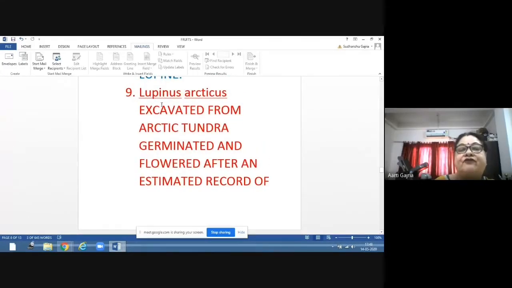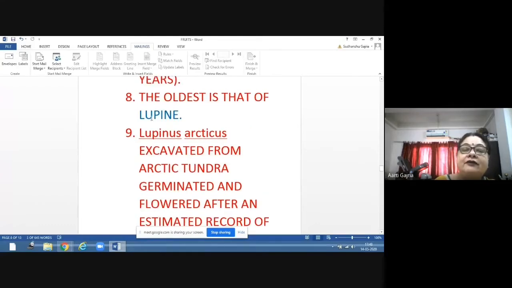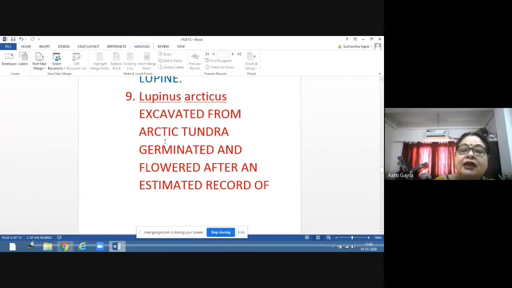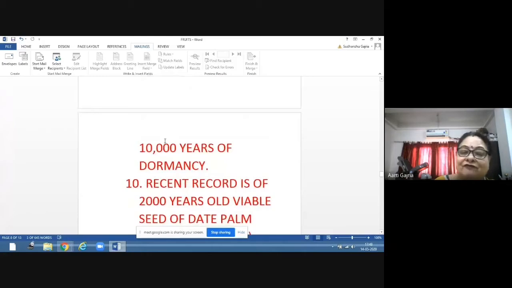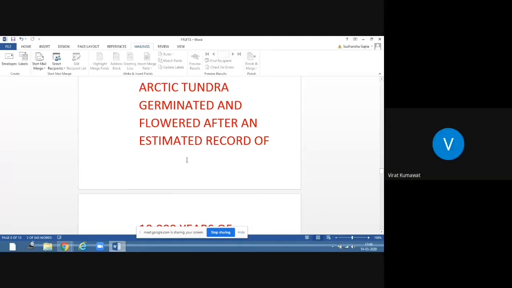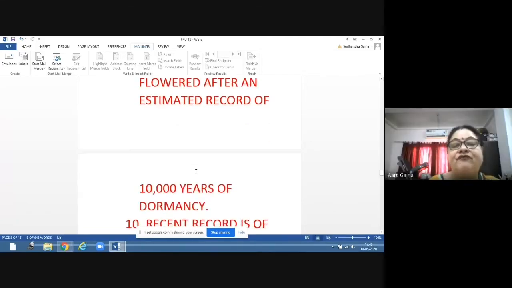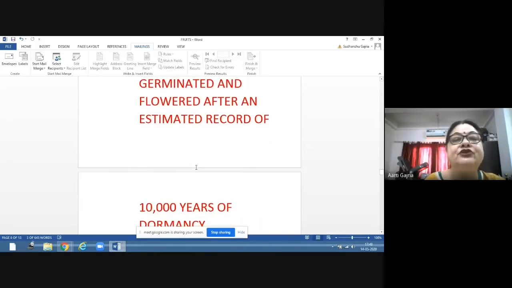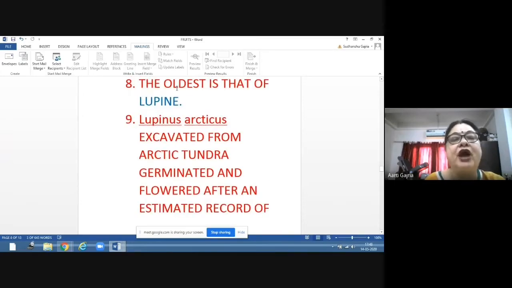When it was grown, it germinated and flowered after 10,000 years of dormancy. So this is also an important 1 mark question: the oldest seed.